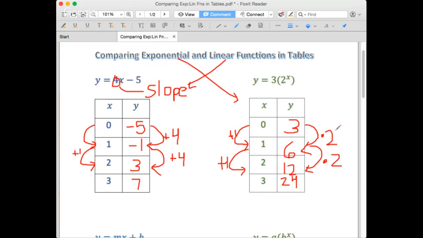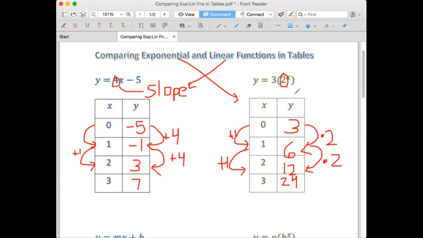In other words, you're multiplying by 2 every time, or by whatever this value is. That makes sense because exponentiation is really just repeated multiplication. That's what an exponent means. So that is just an idea about what happens with exponential and linear functions.